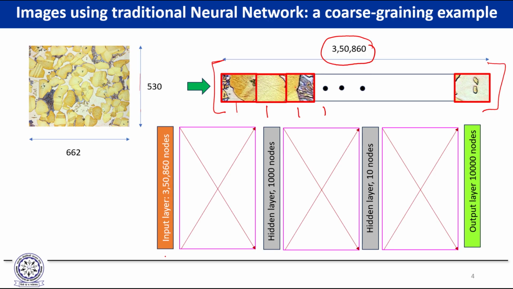These features are going to be associated with the input layer, so I'm going to have at a bare minimum 350,860 nodes in my input layer. Let us say I have a couple of hidden layers and I'm not making it a very deep neural network. With 350,860 input nodes, maybe in the first hidden layer I'll put 1,000 nodes, in the second hidden layer I might have 10 nodes, and then in my output layer I have 10,000 nodes.